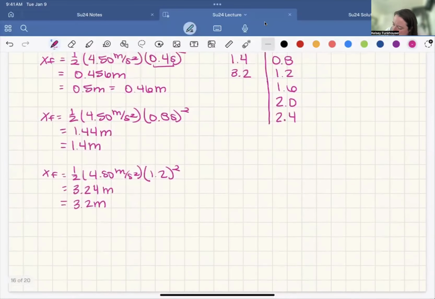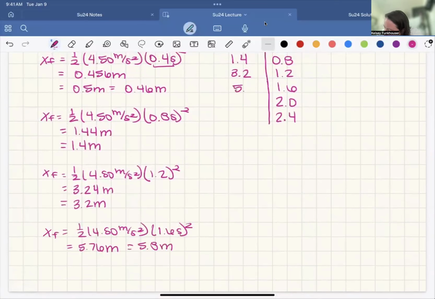Gotta make them fit. x final equals 4.50 meters per second squared times 1.6 seconds squared. This one is 5.76 meters, or 5.8 meters. That's what we'll put here.